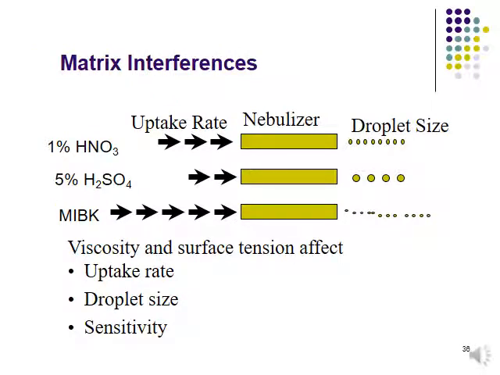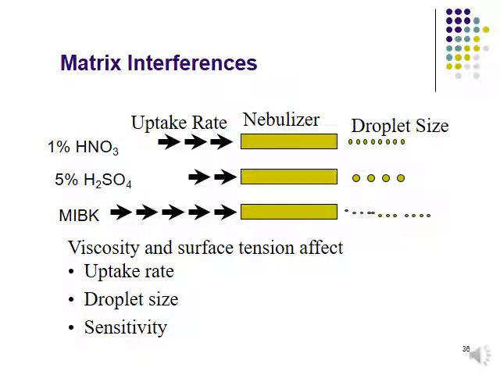What we can say about matrix interference is, when you have like 1% nitric acid and 5% sulfuric acid passing through the nebulizer, you can see that the droplet size varies. So the matrix interference actually comes from the viscosity properties. Matrix interference is caused by the viscosity and the surface tension effect.